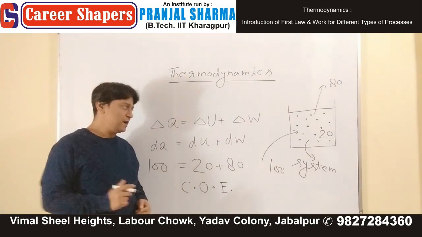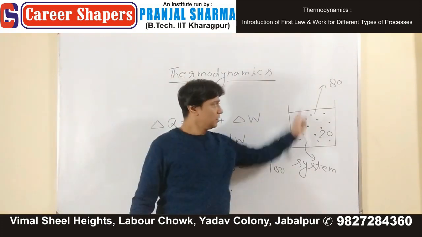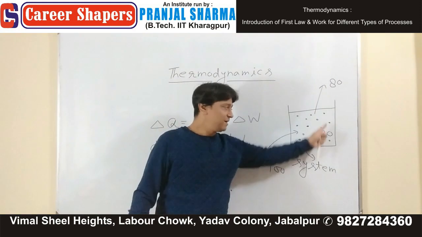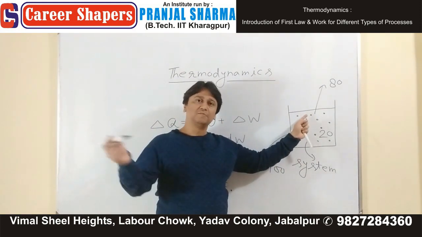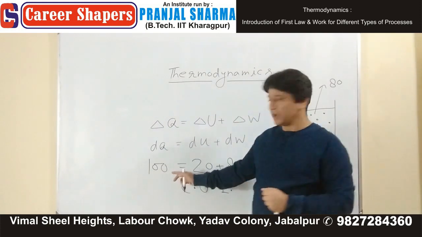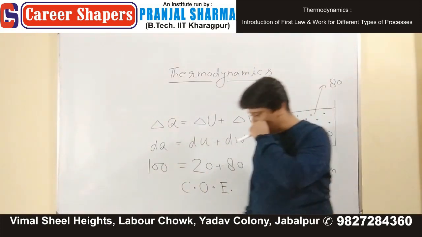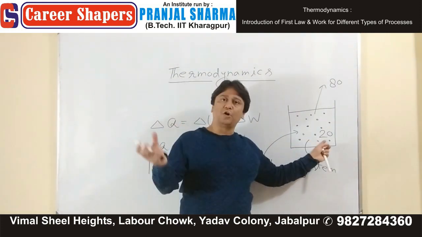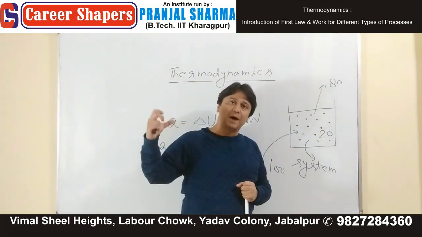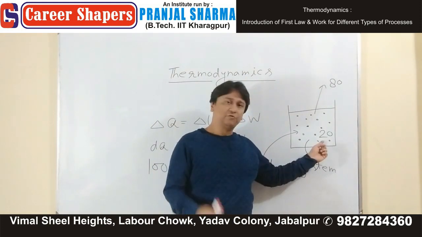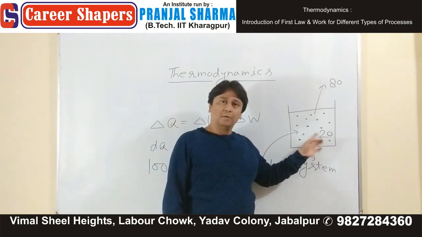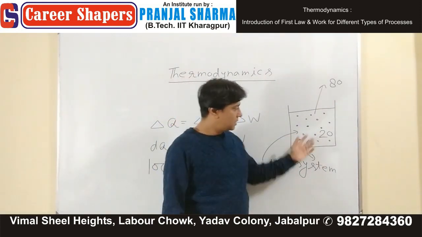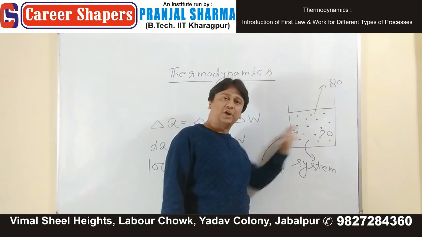But for your understanding, you can draw these things. 100 is given. That means it is received by the system, and when system receives, it is always positive. Du is change in internal energy. This 20 is the amount of energy which is kept by the system. It increases the temperature, but it could not control all the energy given to it.